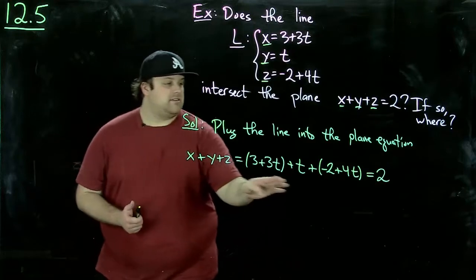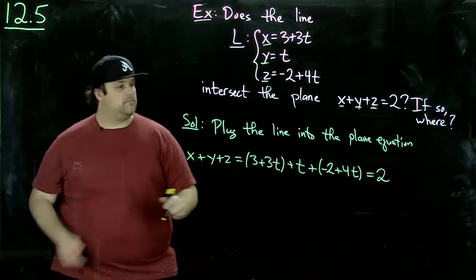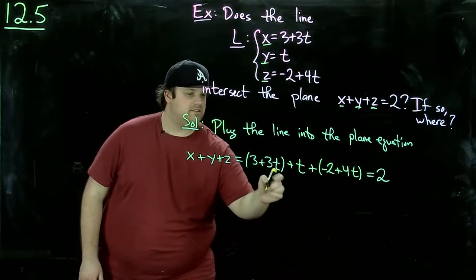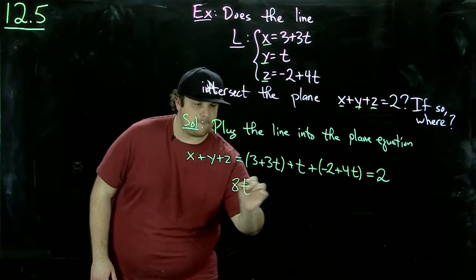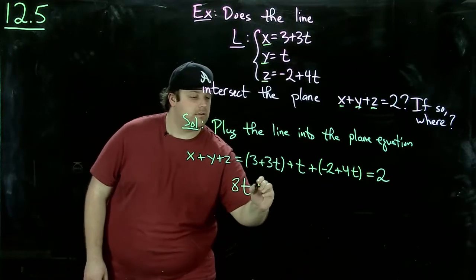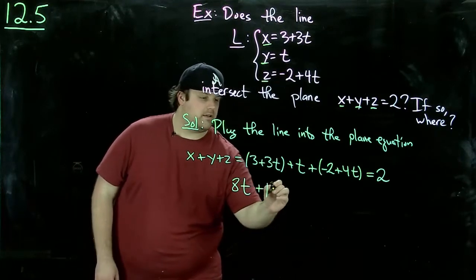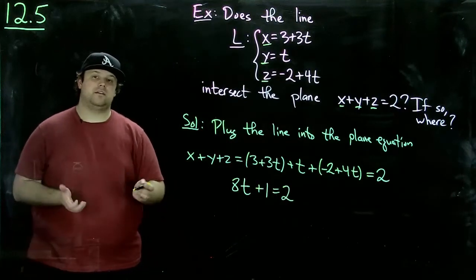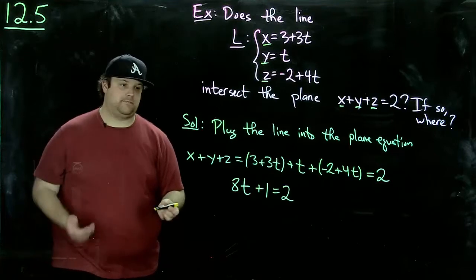So what we're going to do now is simplify this equation. We have 3t plus t plus 4t, so that's 8t. And then we have 3, minus 2, so that's plus 1, and this has to equal 2. And we can solve for t in this.